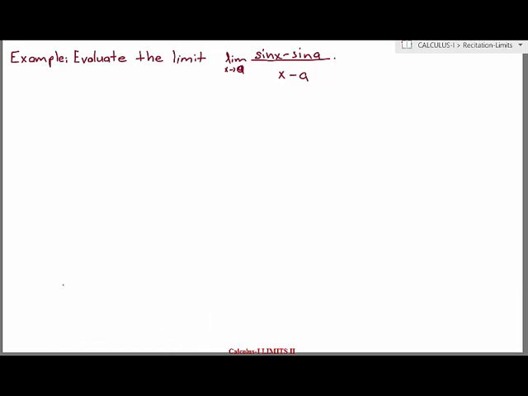Let's start to solve the problem. This limit expression is equal to limit when x tends to a. Instead of sin x minus sin a, I write 2 times cosine x plus a over 2 times sine x minus a over 2.